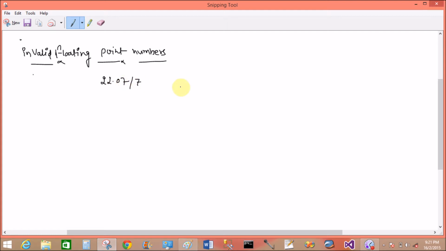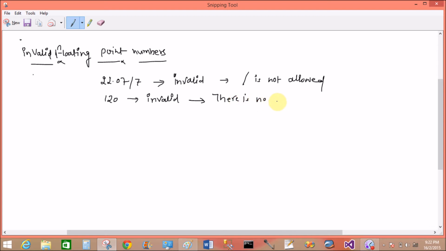Now the invalid floating point constants. 22.07 divided by 7 is invalid, because division is not allowed. 120 is also invalid because it is an integer constant, not a floating point constant. There is no decimal point.